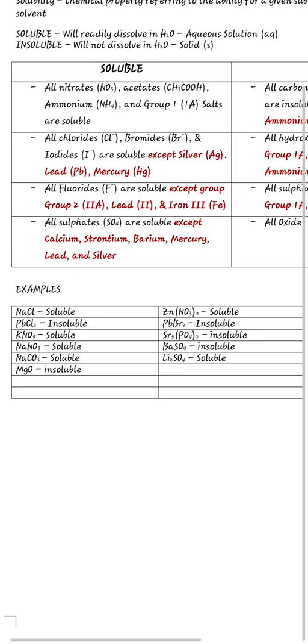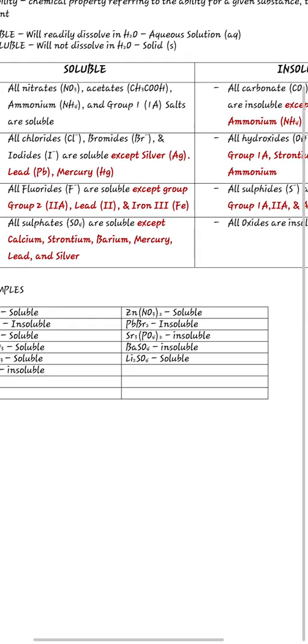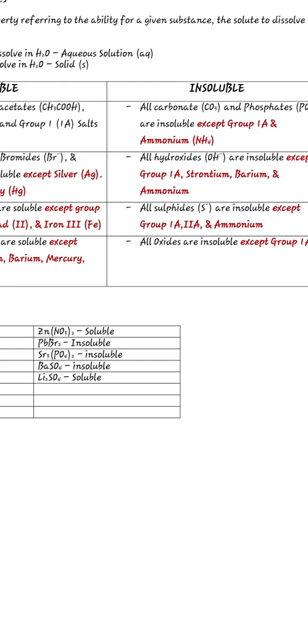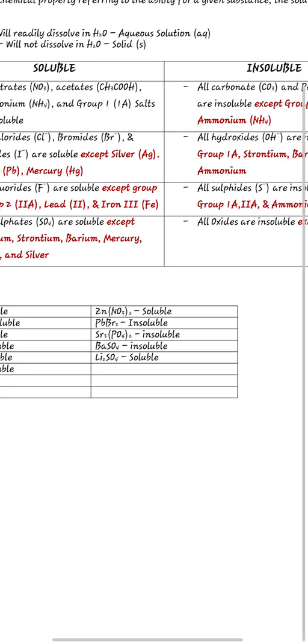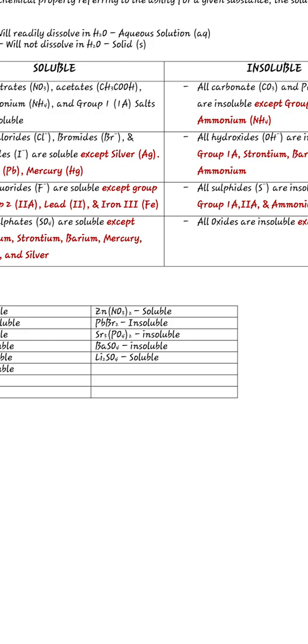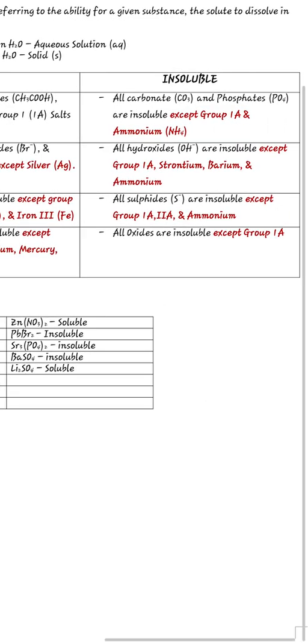It is insoluble, because all oxides are insoluble except group 1A. We also have nitrates again, so it is soluble. Then lead and bromide: insoluble.